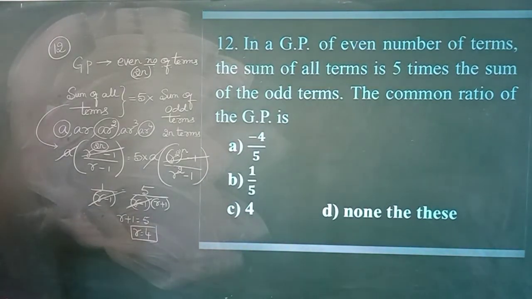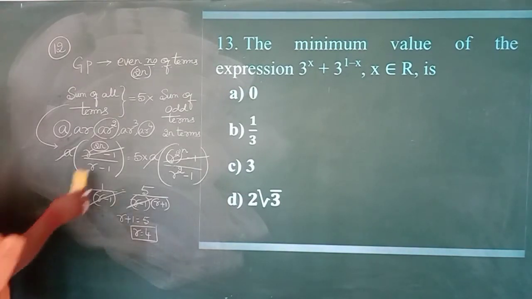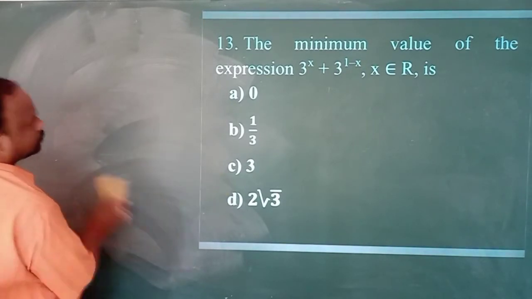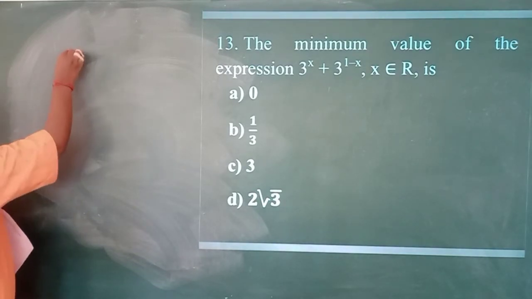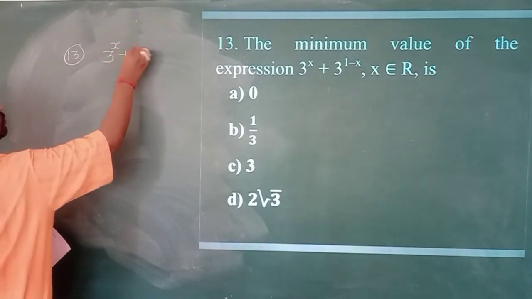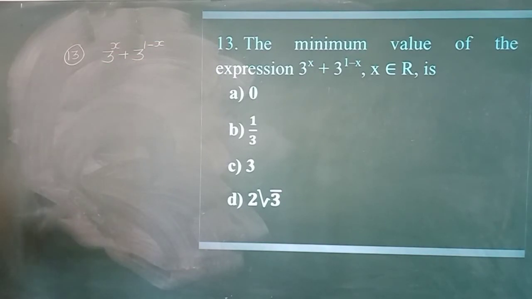So we will go for the next one, 13th one. x belongs to R. The minimum value of the expression 3 power x plus 3 power 1 minus x, where x belongs to R, they are asking.